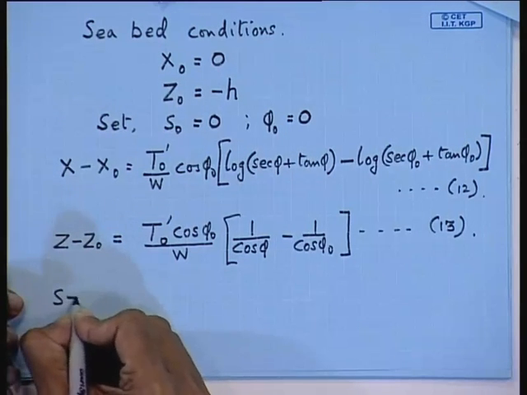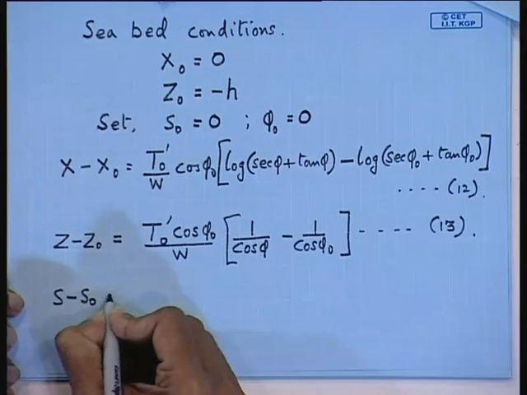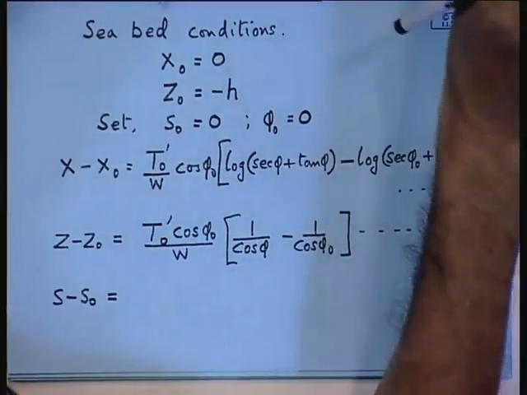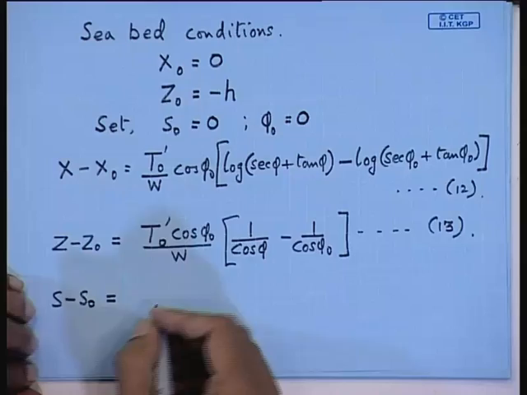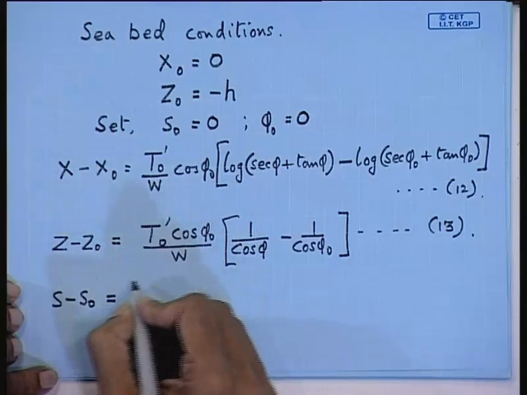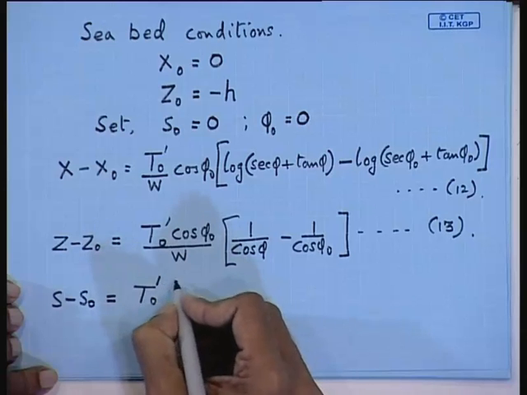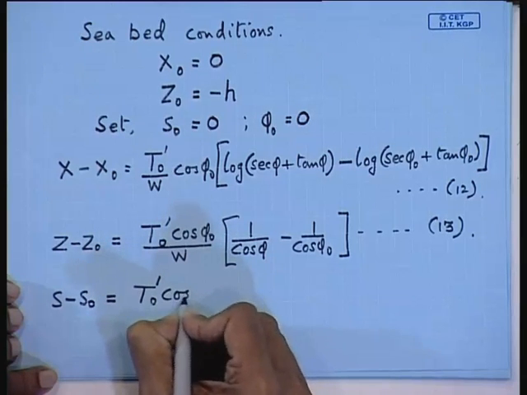So S minus S naught, how much have we derived? This expression we have just derived now. What was our expression? So T prime naught over w multiplied by cos phi naught over w.